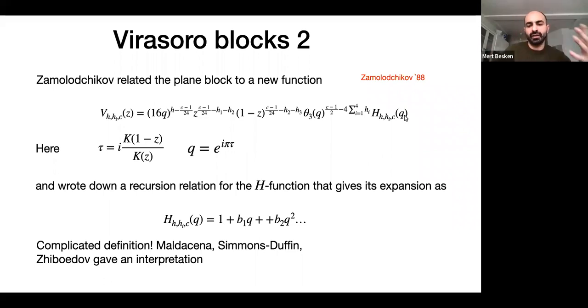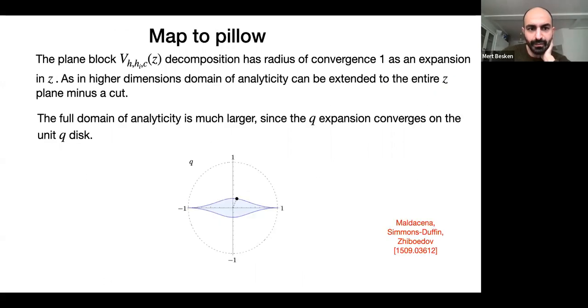And when he was trying to solve the eigenvalue problem, he encountered some of these elliptic functions, like the elliptic theta function, and that is how it appeared. So it was kind of an ad hoc definition until Maldacena, Simmons-Duffin, and Ghiboirov gave an interpretation of this.